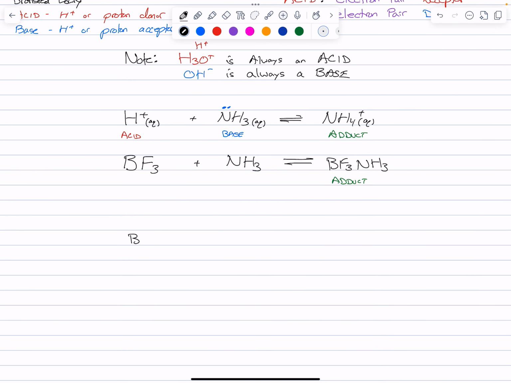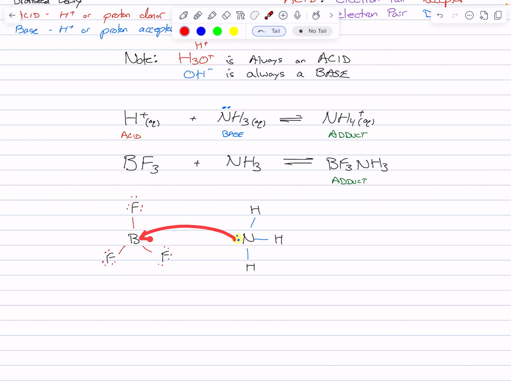So boron with F, F, F, and nitrogen with H, H, H. Hopefully we notice that we have an electron pair right there, and this electron pair can be donated to B. Fluorines are full; fluorine has 8 electrons.